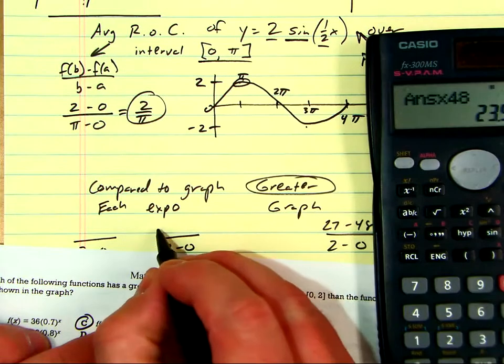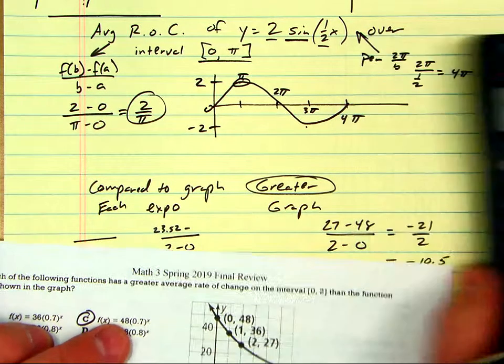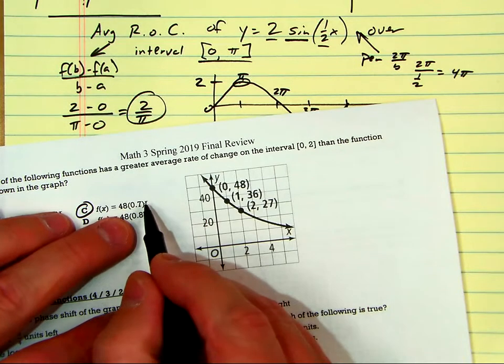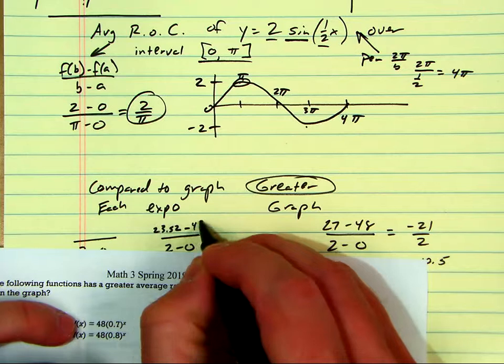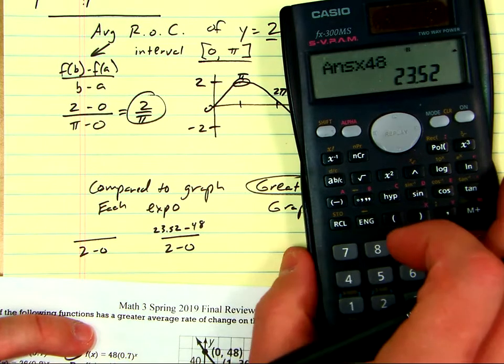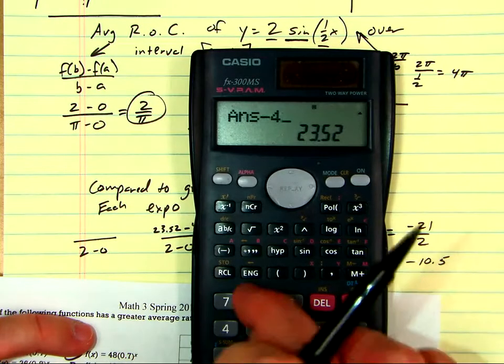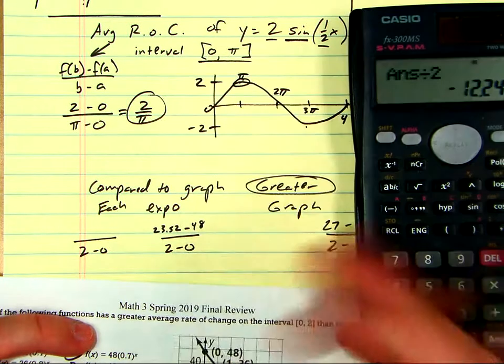So that's this value, 23.52, minus, what is this, 0.7 to the 0 power? Anything to the 0 power is 1. 1 times 48 is 48. So it's going to be 23.52 minus 48 divided by 2. Negative 12.24.